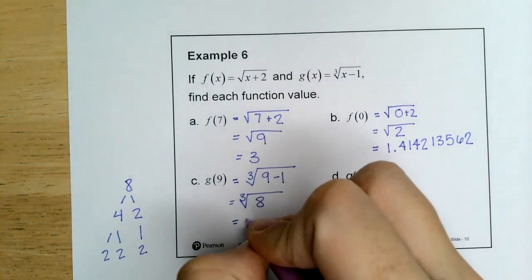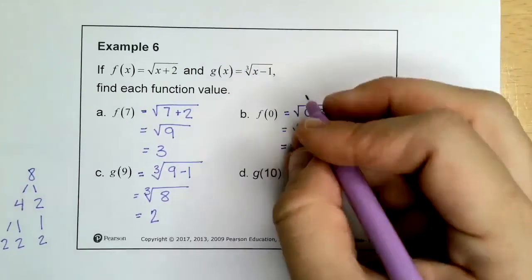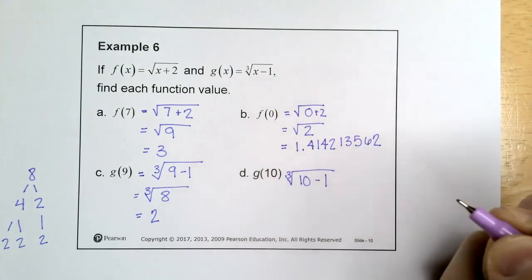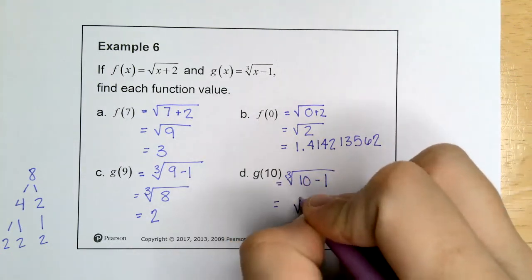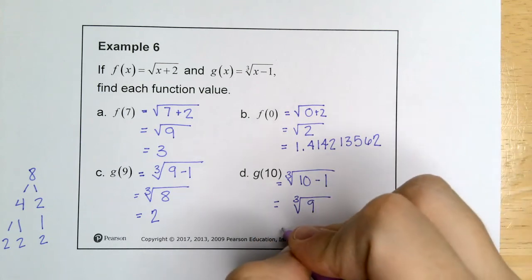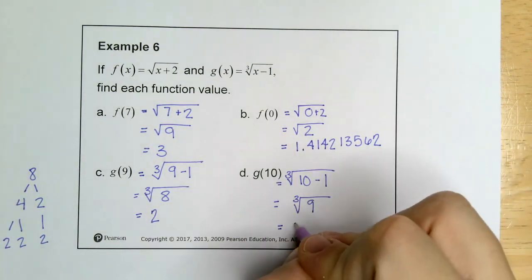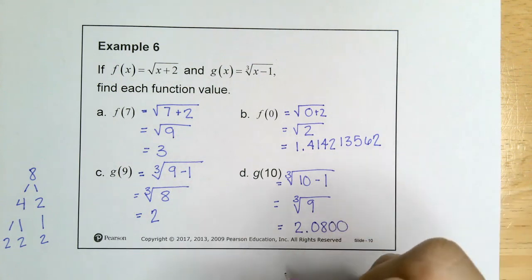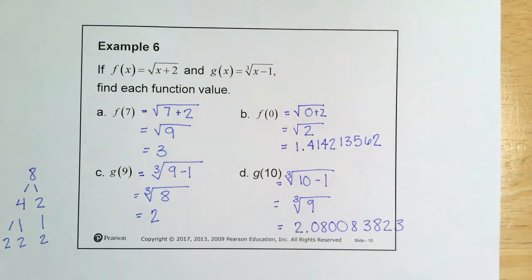The cube root of 8 is 2. g of 10, the cube root of 10 minus 1 is the cube root of 9, which I would leave as the cube root of 9, but it is also approximated as 2.080083832. You just put it into your calculator.